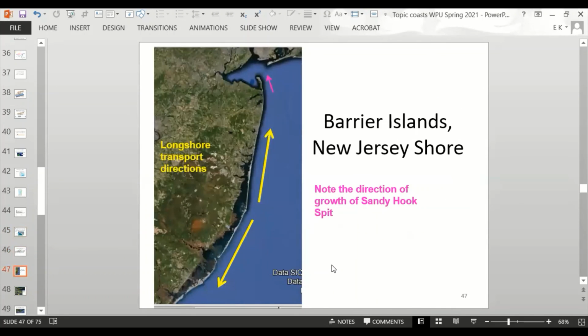Here are barrier islands along the New Jersey shore. Now you have a point where the longshore transport changes direction.